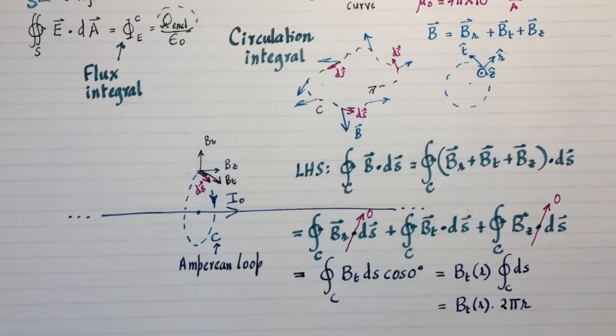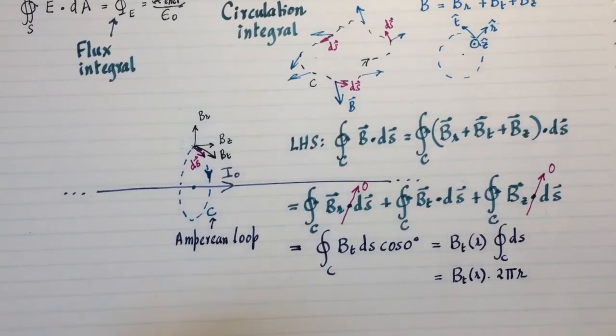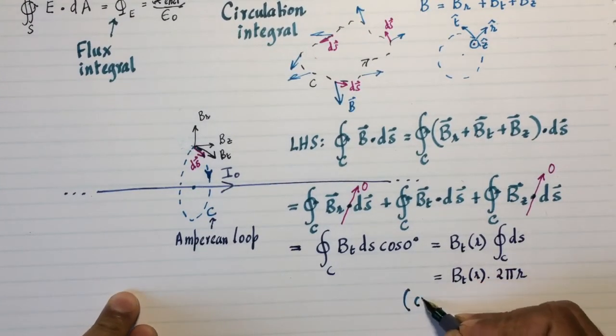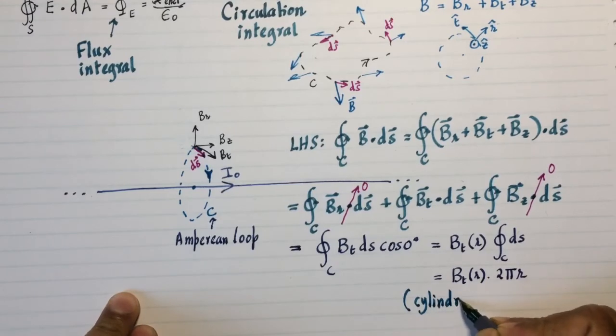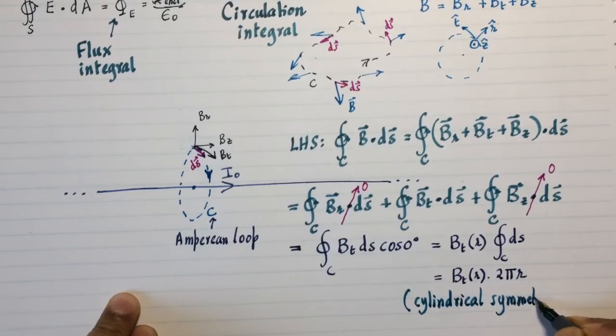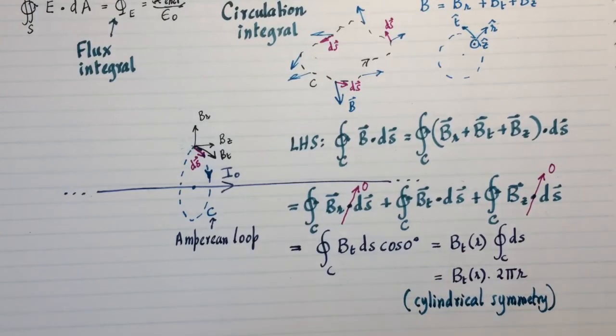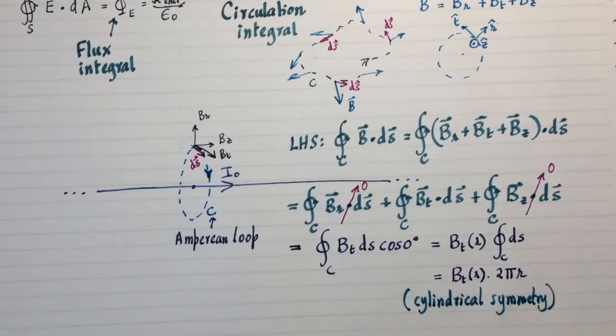The left-hand side of Ampere's law is always going to be this for all problems involving cylindrical symmetry. So things like wires with an inner radius A and outer radius B, or a non-uniform distribution of current, like J as a function of r, the only possible non-uniform distribution I can give you to make Ampere's law of any use.